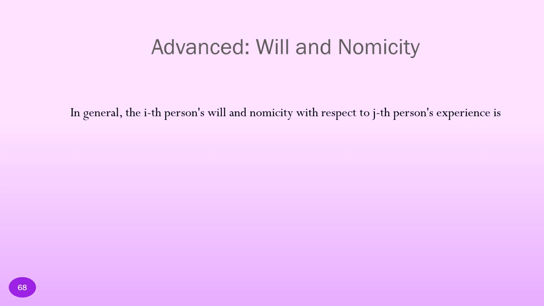So if we're going to generalize with the existence of many people, many people's wills and many people's experiences, then the ith person's will and nomicity with respect to the jth person's experience will look something like this. Now, this is a very advanced way of understanding this, but this is how we can start talking about how one person's will and nomicity can impact someone else's experience.